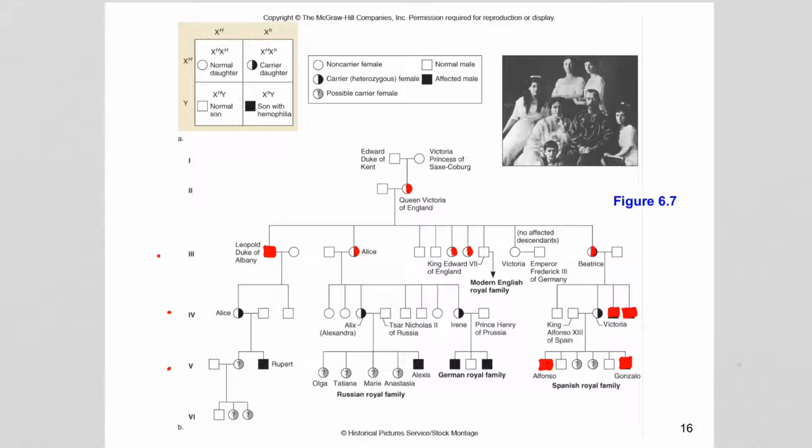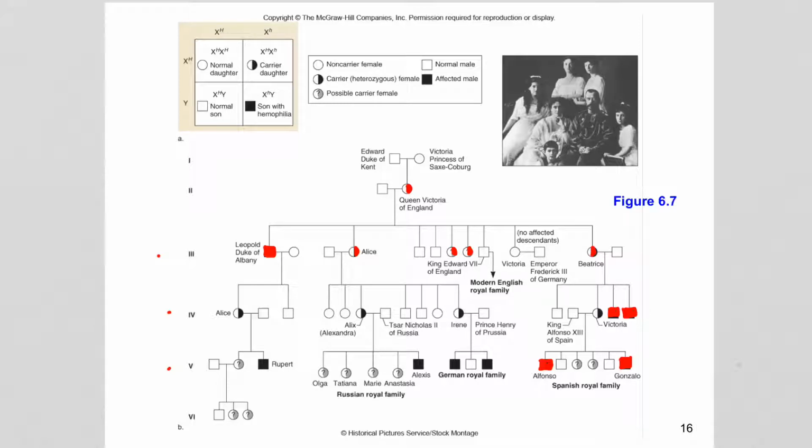So that's a signal that the condition almost looks like it's dominant, in fact, right? We're not seeing a carrier, we're seeing it present in every single generation. But it's not a dominant condition because we don't see that same inheritance pattern in females.